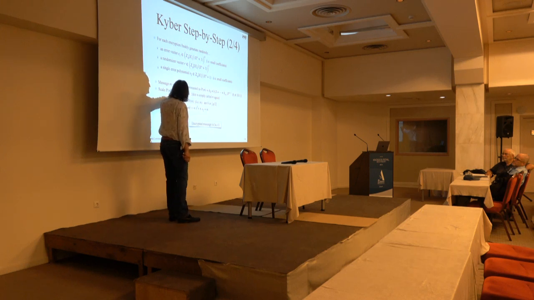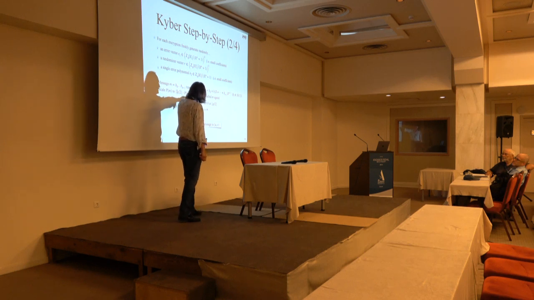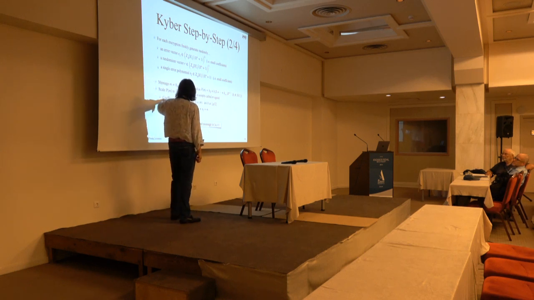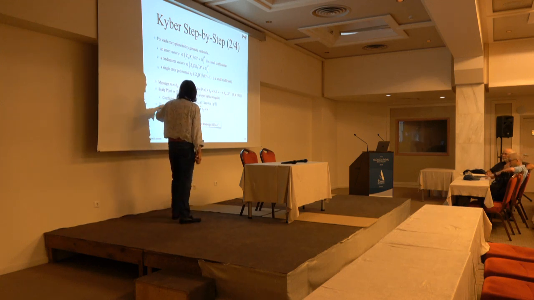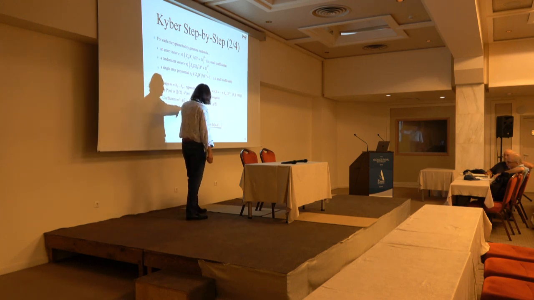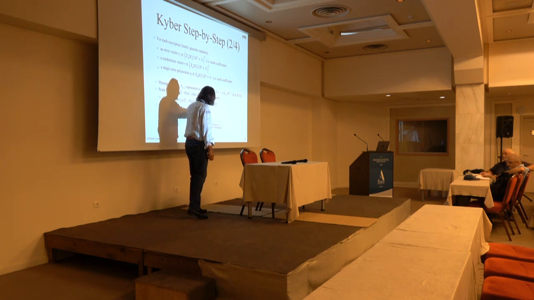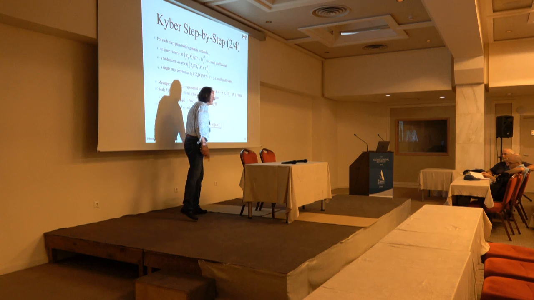I scale it, as I said before, by the smallest number close to q divided by 2. Again, the coefficients are now 0 or this number, and then I compute u, which is A transposed times the randomizer, plus the chosen error, and I compute v, which is t times the randomizer, plus the chosen error, plus the message. And the encrypted message is this pair.